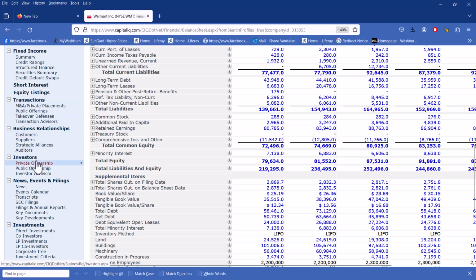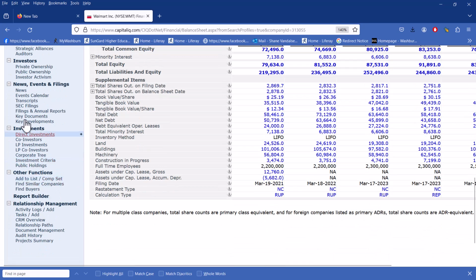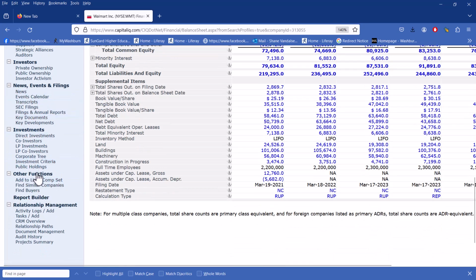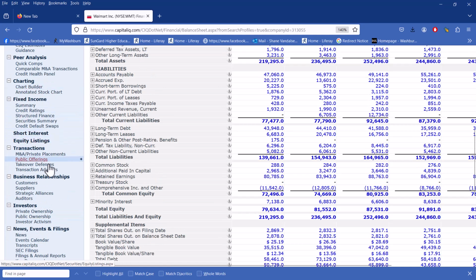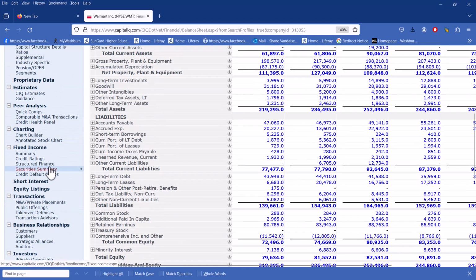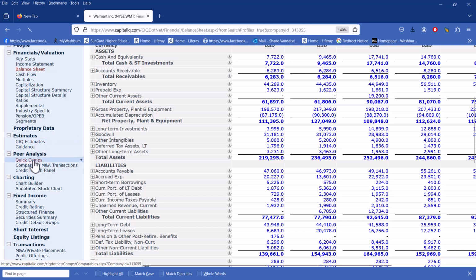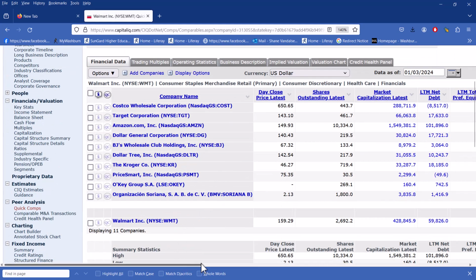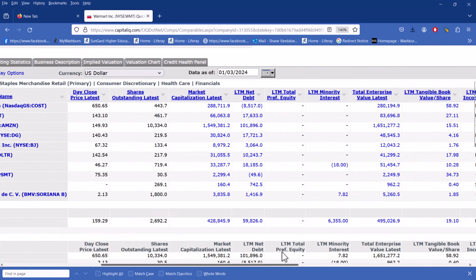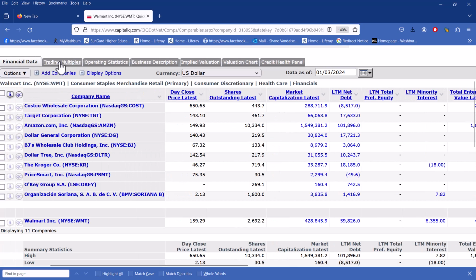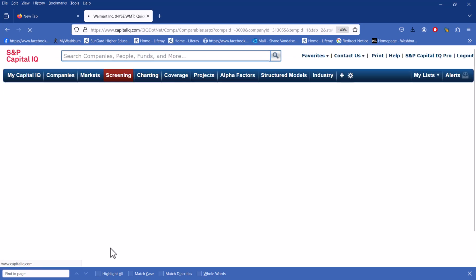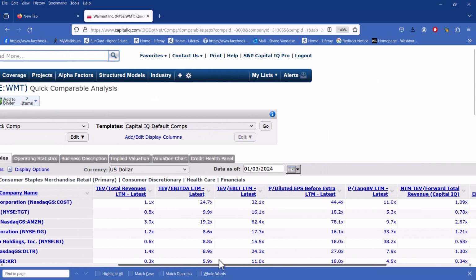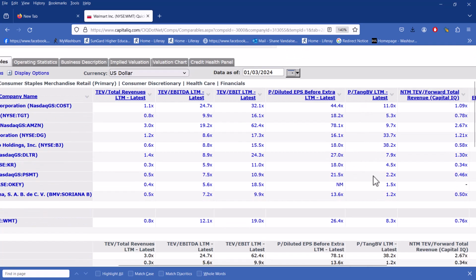And I'm going to now go out and look at the quick comps, the comparable firms for Walmart, so we can see the price to book value here. So when we look at the price to book value, again, this is tangible book value for the last 12 months. The price to book value for Walmart is 8.3.